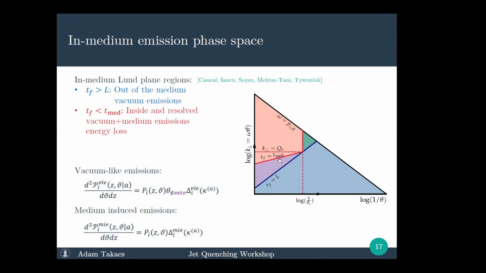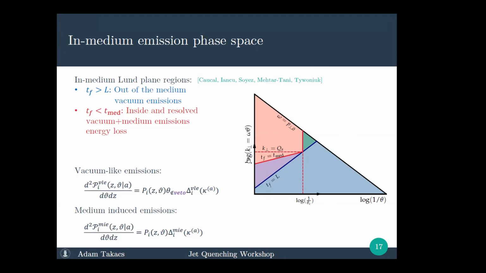On the other side, in this triangle, there are emissions which are formed inside the medium. There is this other scale, when the separation of these two particles is comparable with the characteristic scale of the medium. And that's what will end up in this red line.